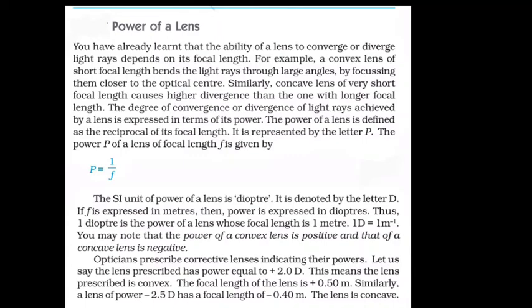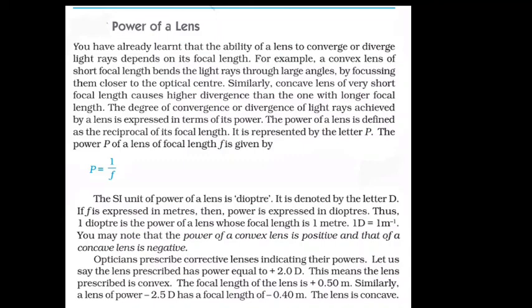The degree of convergence or divergence of light rays achieved by a lens is expressed in terms of its power. The power of a lens is defined as the reciprocal of its focal length. It is represented by the capital letter P. The power P of a lens of focal length f is given by P is equal to 1 upon f.